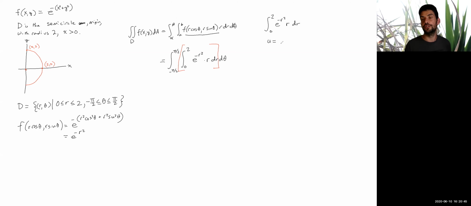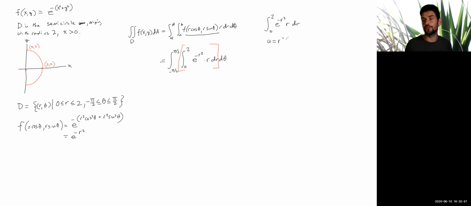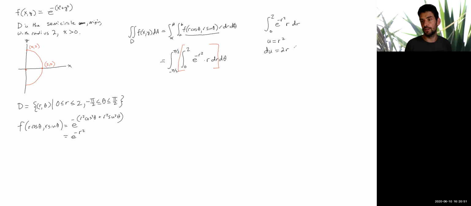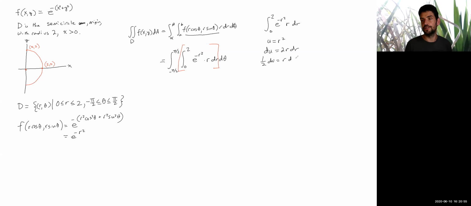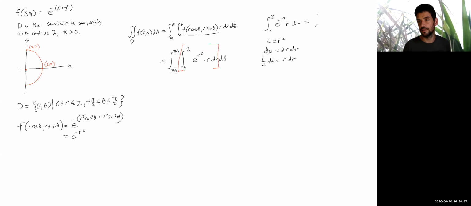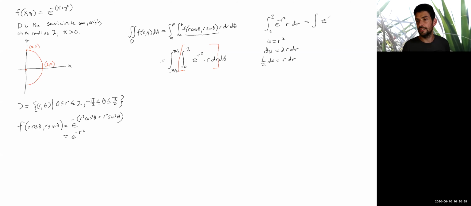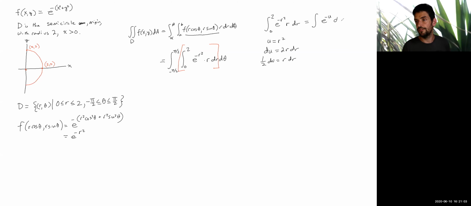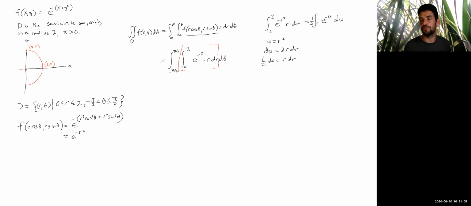If I take u equals r squared, then du equals 2r dr, or 1/2 du equals r dr. And I get e to the negative u, 1/2 du. Let's put the 1/2 out front.